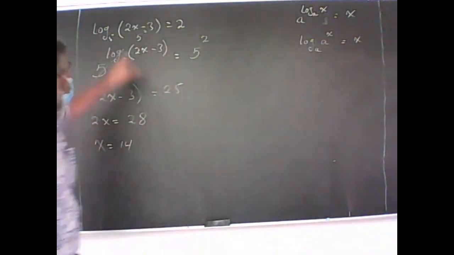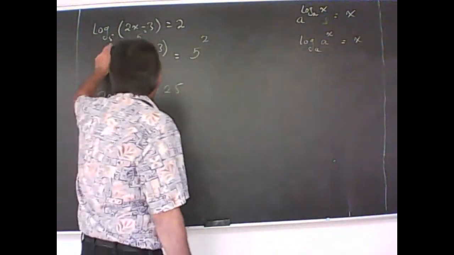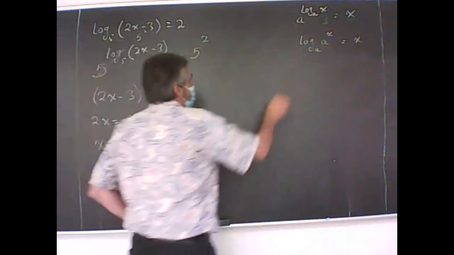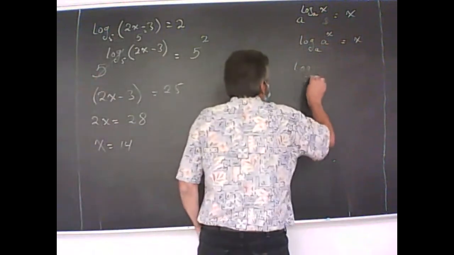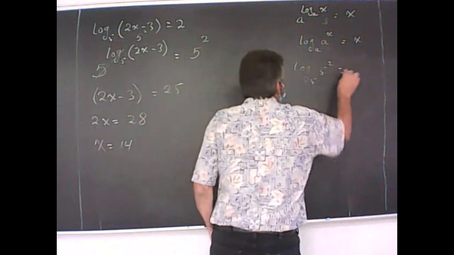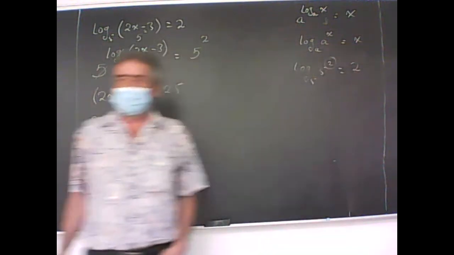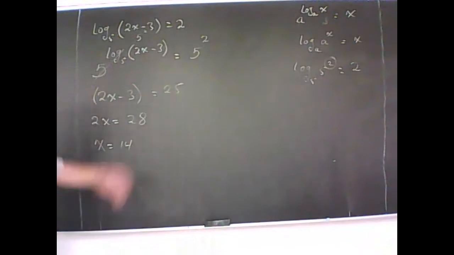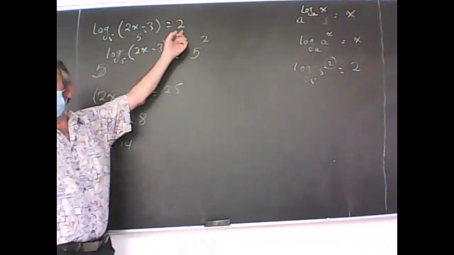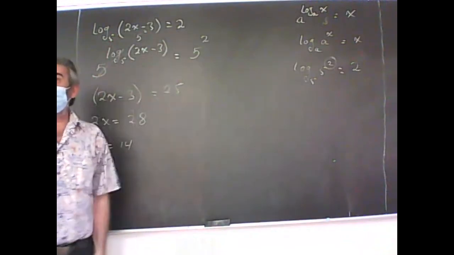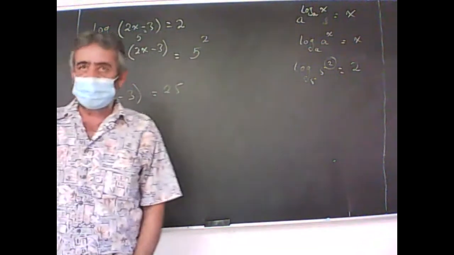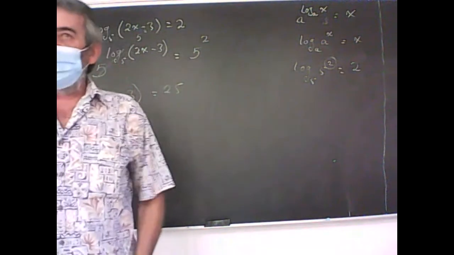Yeah? So here we have log base 5 of 5 squared. So log base 5 of 5 squared equal 2. Yeah? So that covers this particular question.